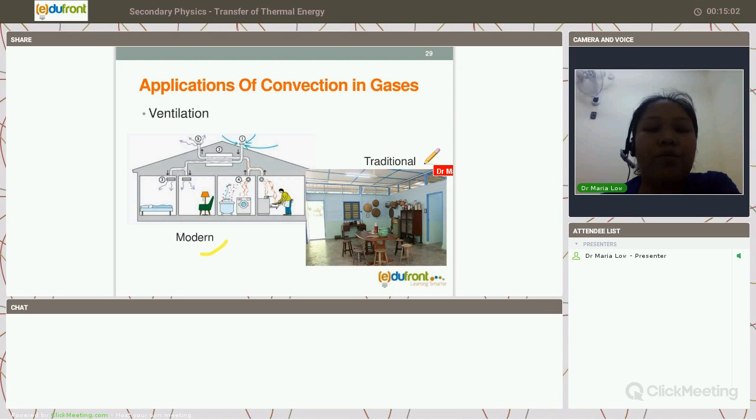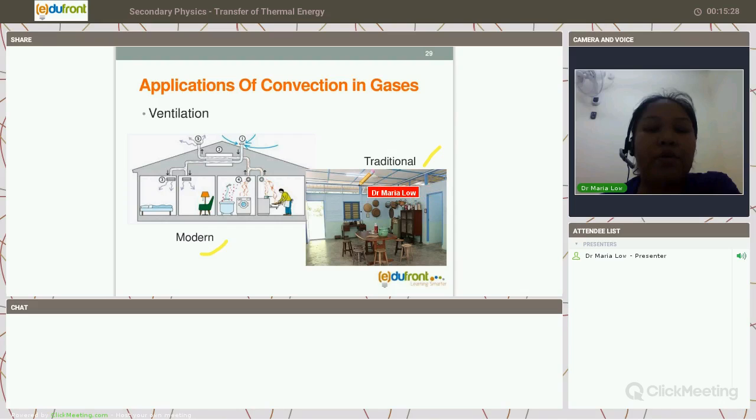And if we look at the diagram on the right, this is how a traditional house looks like. In the past, in these kind of traditional houses that we find in villages, not every household has access to electricity. So we do not expect this house to have electric fans or air conditioners. So how do these kind of houses be kept cool during a hot day?